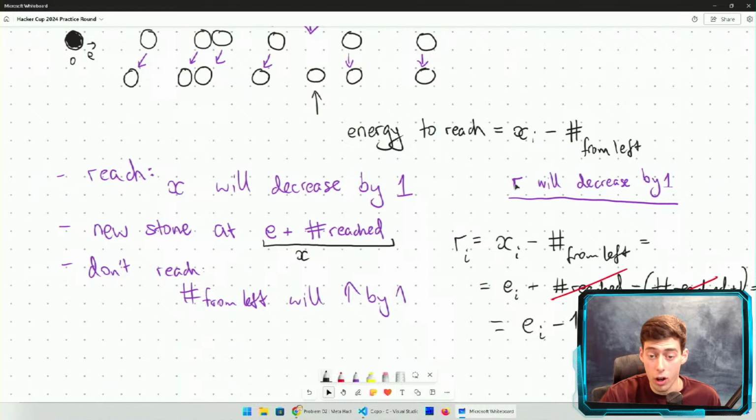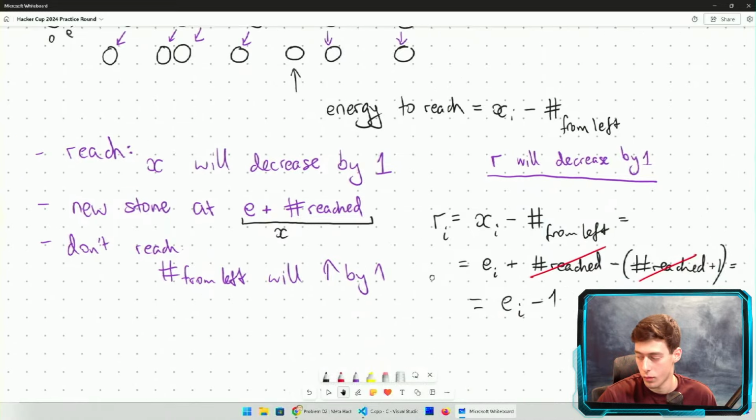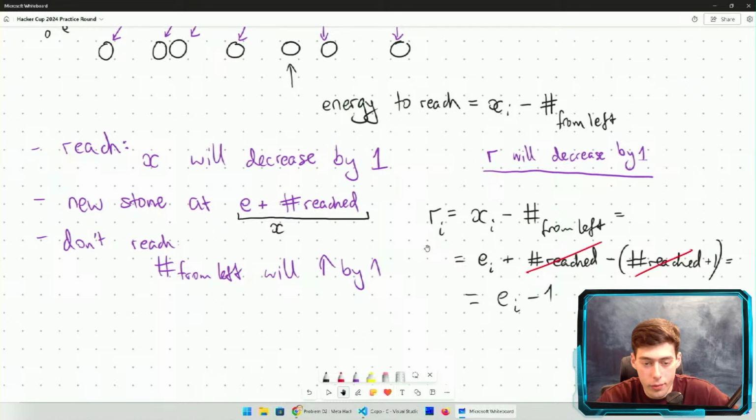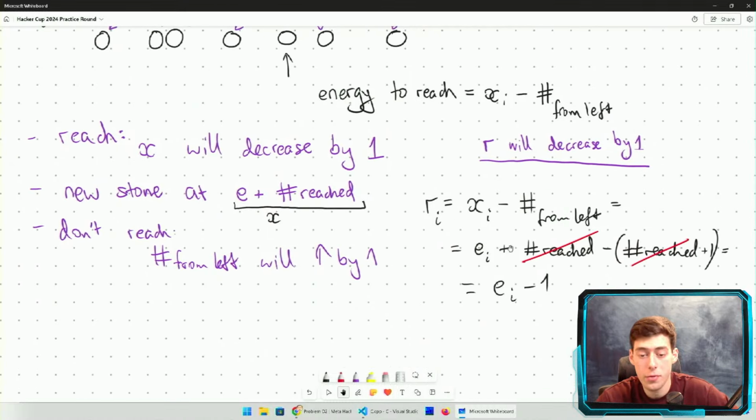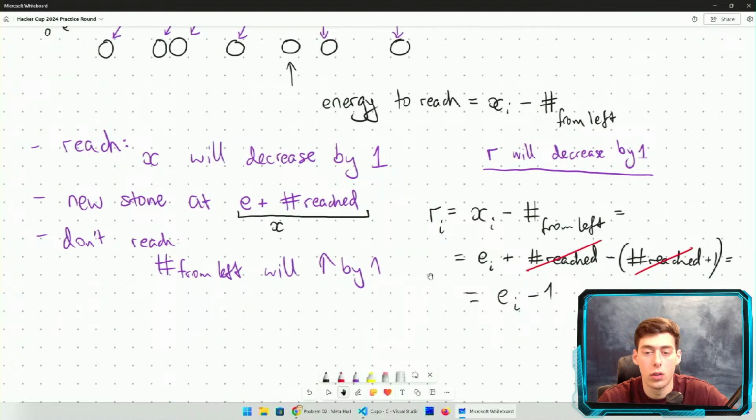So we decrease all the R values by 1, and the new R value we add is actually independent of everything, of all the R values we already have. So although the new position of the new stone is dependent on how many stones it reached, right?